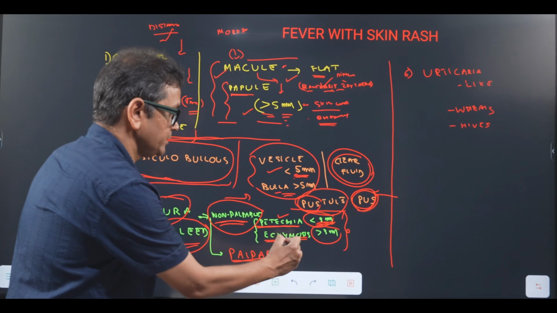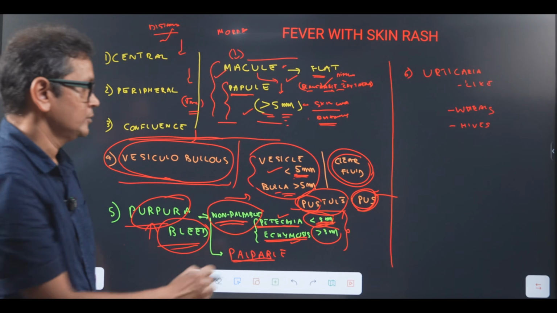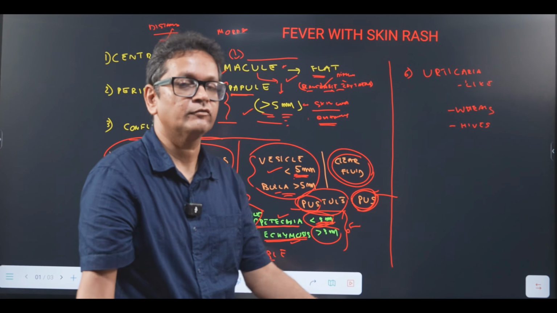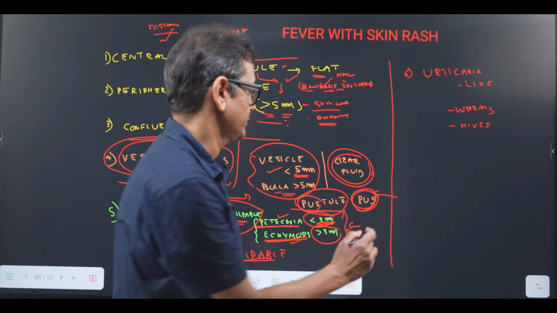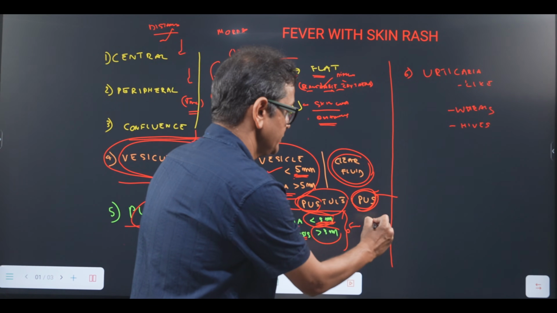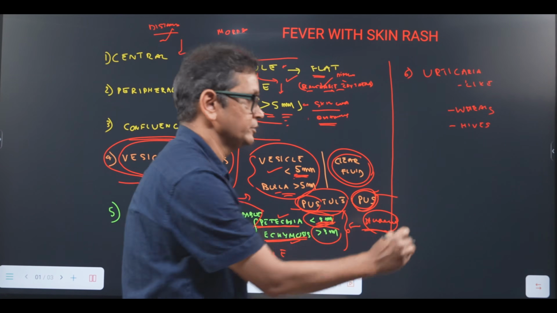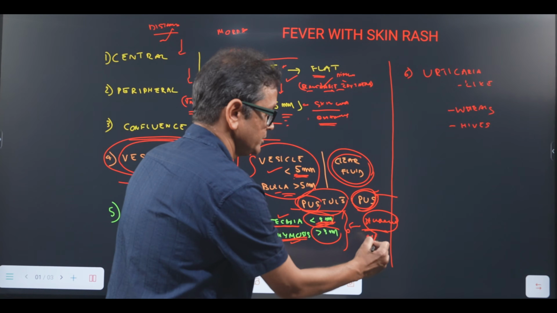So, petechiae and ecchymosis are nothing but subcutaneous bleeds. Most often these are because of low platelet count, which often happens in our common dengue fever and also in autoimmune diseases like autoimmune thrombocytopenia. Other thrombocytopenia you can encounter because of myelodysplastic syndromes, MDS.